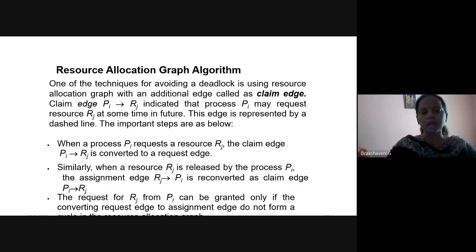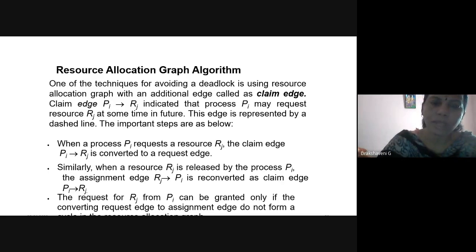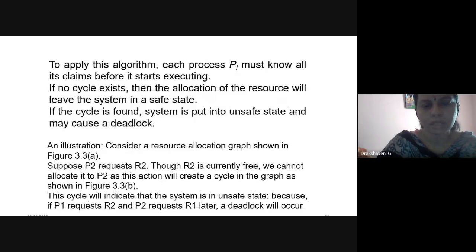The request from Pi for Rj can be granted only if converting the request edge to the assignment edge does not form a cycle in the resource allocation graph. So when can I allocate the resource? When it is not forming a cycle. To apply this algorithm, each process Pi must know all its claims before it starts executing. If no cycle exists, then the allocation of the resource will leave the system in a safe state. If a cycle is found, the system is put into an unsafe state and may cause a deadlock.